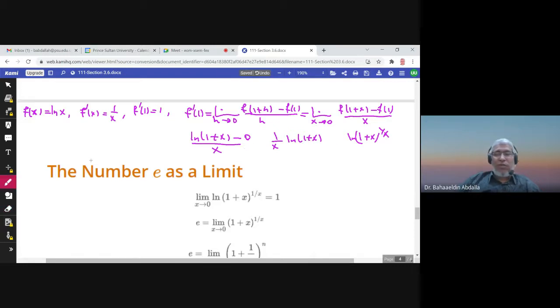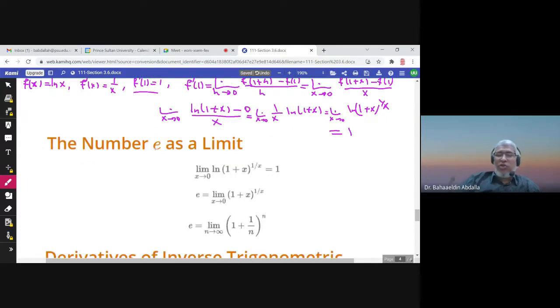So the limit when x approaches 0 of ln of (1 plus x) to the power 1 over x is equal to f prime of 1, and f prime of 1 is 1. So this is the first equation here: the limit of ln of (1 plus x) to the power 1 over x when x approaches 0 is 1.